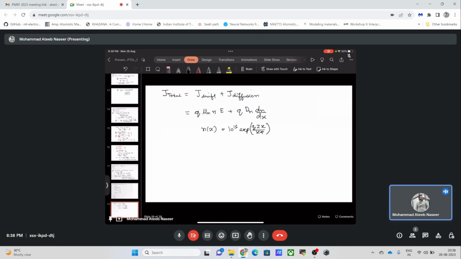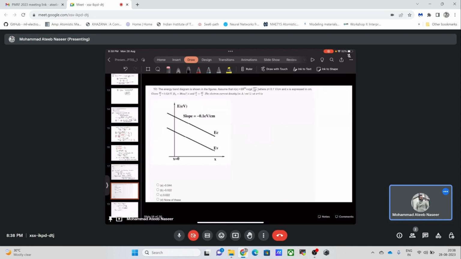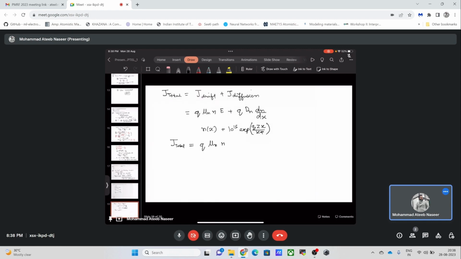Now this J total is simply equal to q times mu n times n, and the electric field is minus 0.1 volt per centimeter.